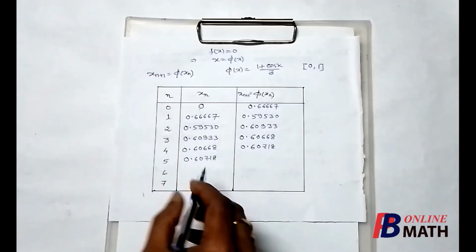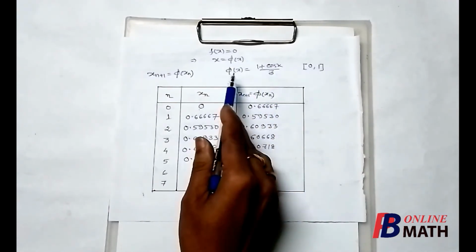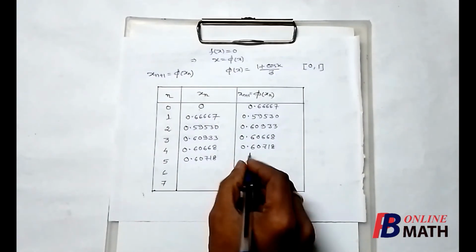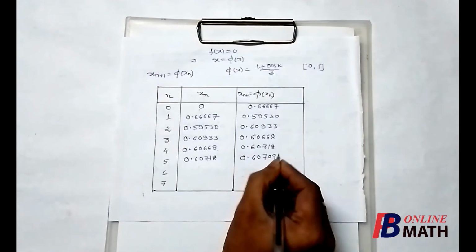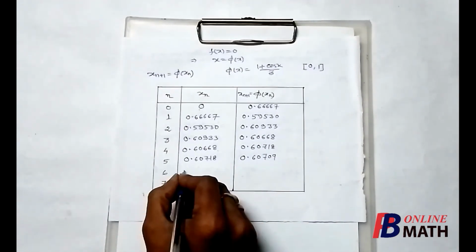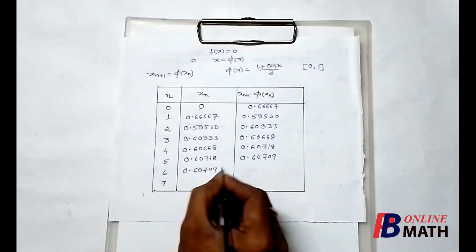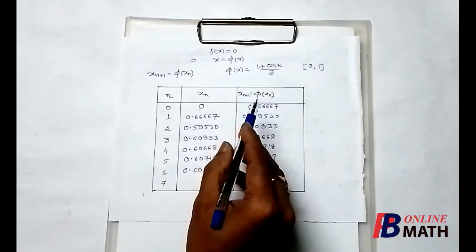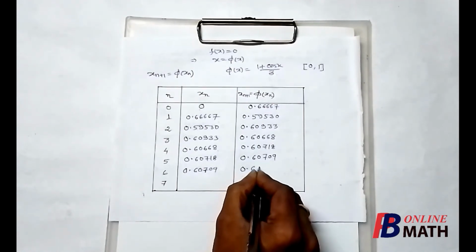Now using this value, the next value, phi(x5), will be 0.60709. Now this value will be the value of x6, so it is again 0.60709. Now if we use this value in the function, then the value of phi(x6) will be 0.60710.